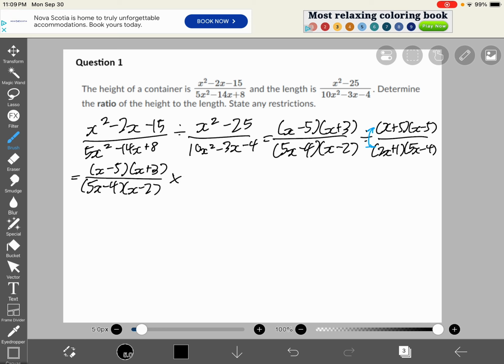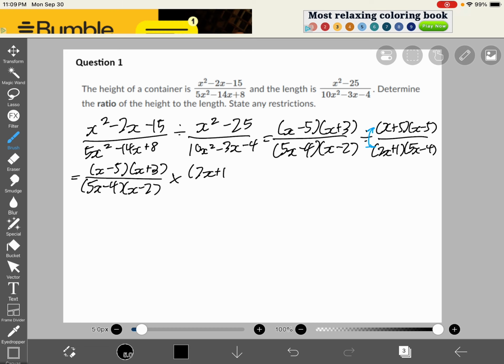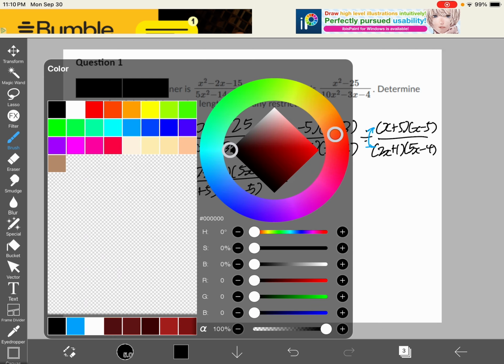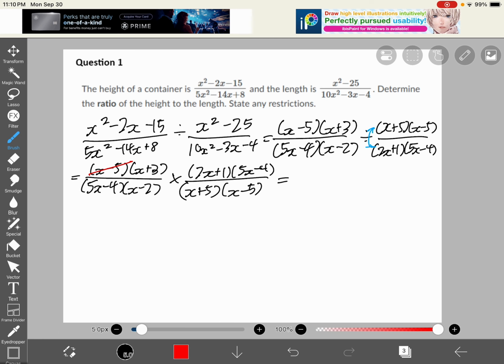Copy the ones down here, and then we change it into multiplication, and then it becomes 2x plus 1, 5x minus 4 over x plus 5, x minus 5. Then because these two fractions are essentially joined, we can cancel out the same factors. Over here we have x minus 5 and x minus 5 here.